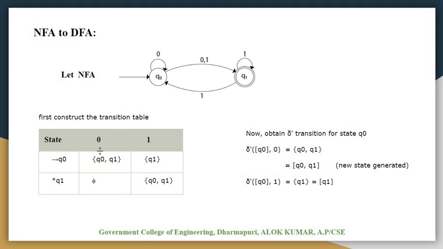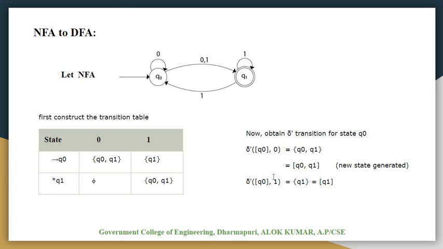From Q0 using 1 we go to Q1. From Q1 using 0 we go nowhere, so we keep it as φ. From Q1 using 1 we go to Q0 and Q1. This one is the initial state and this one is the final state symbol.